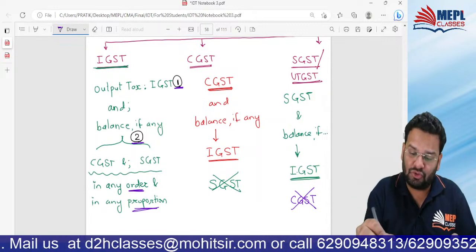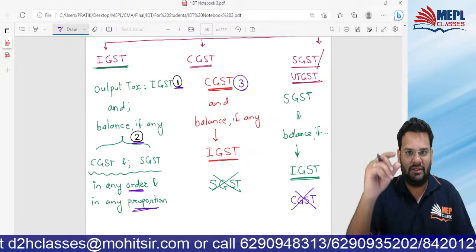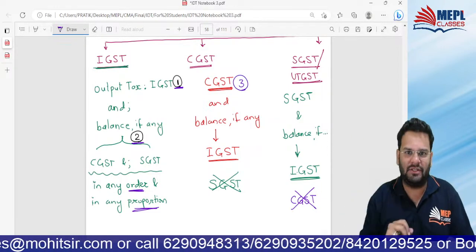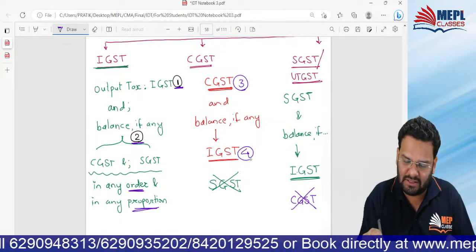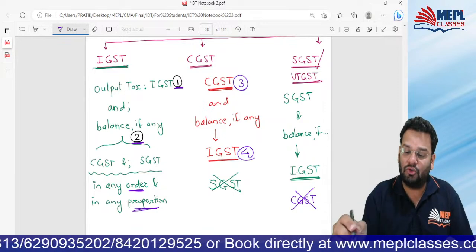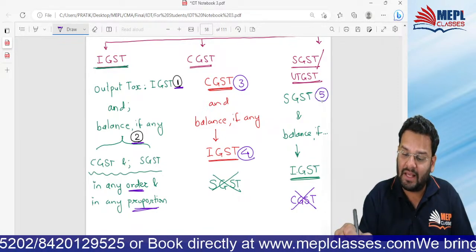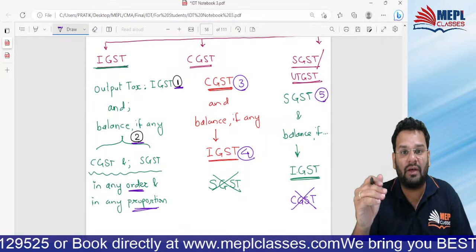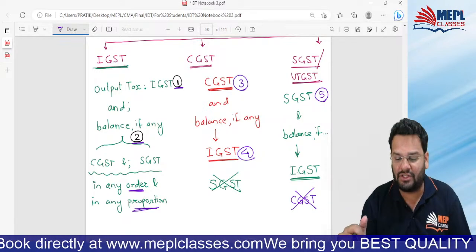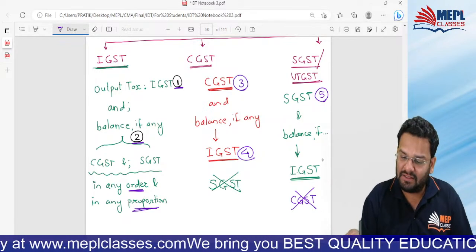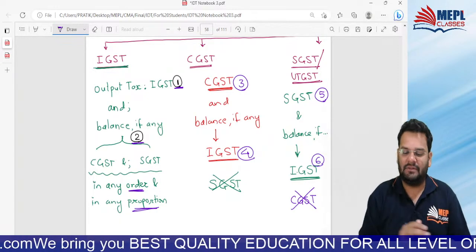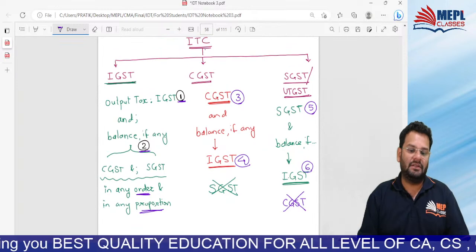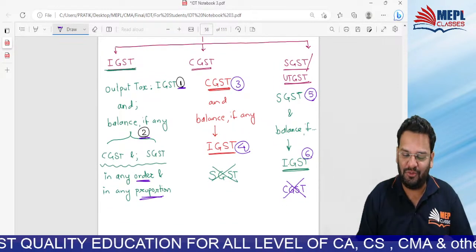Third number goes to CGST for paying output tax of CGST, balance if any for paying IGST. Fifth number goes to utilizing ITC of SGST to pay output tax of SGST, and balance if any to pay output tax of IGST. Is the sequence very clear to all of you?